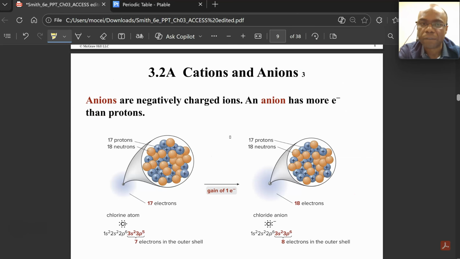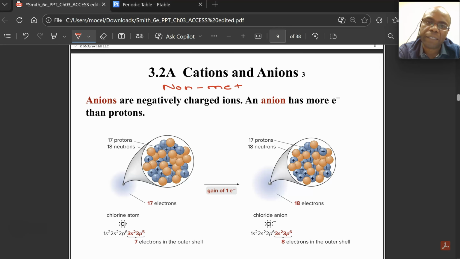Let us talk about anions a little bit. We just said that metals react by losing electrons. The nonmetals react by gaining the electrons lost by the metals. When someone loses, there must be someone gaining.